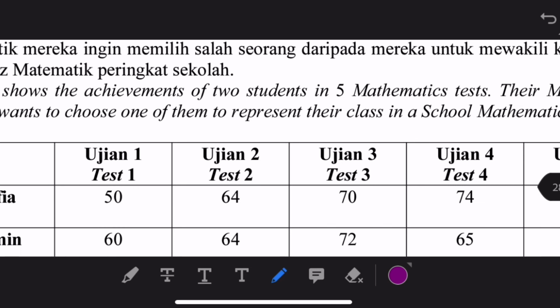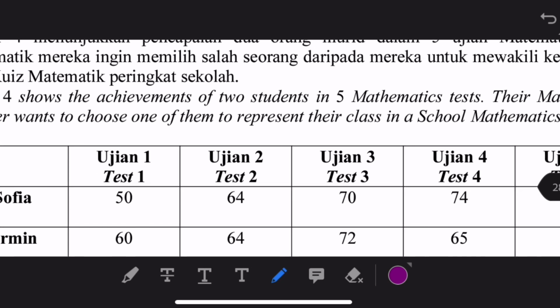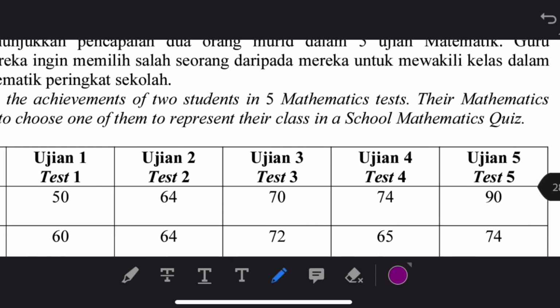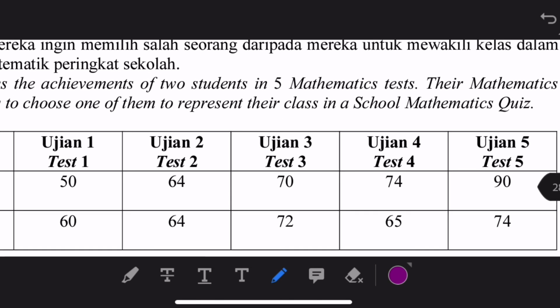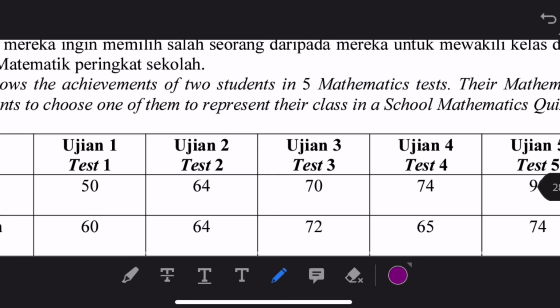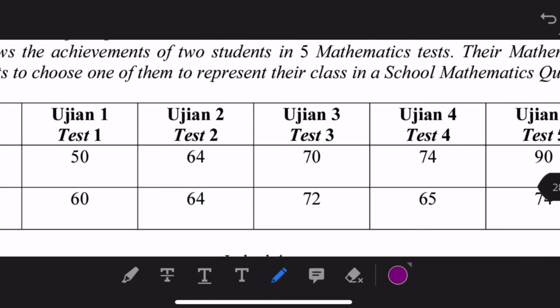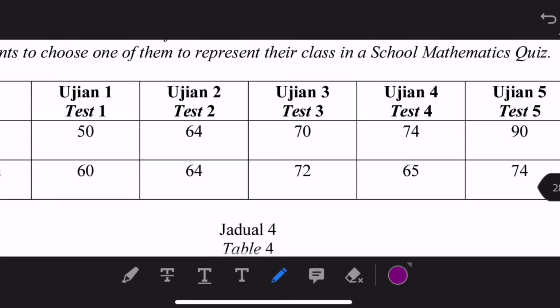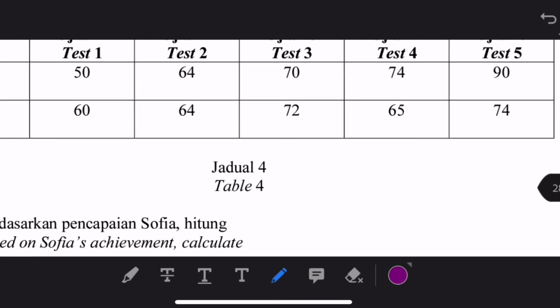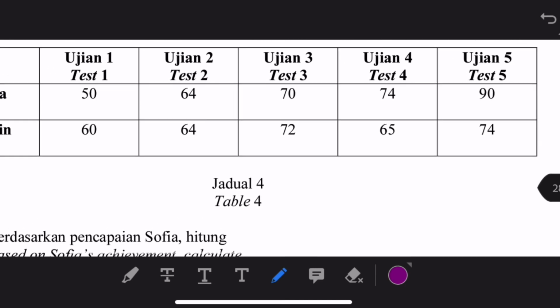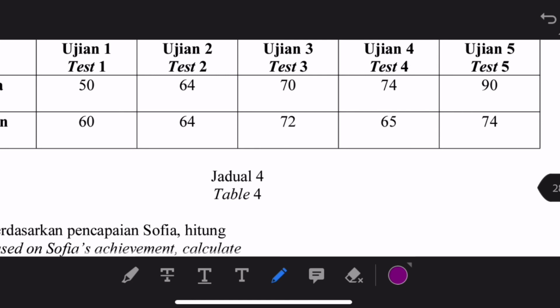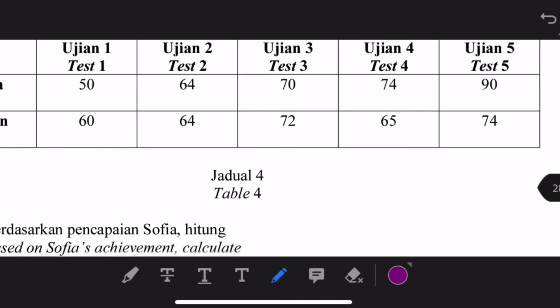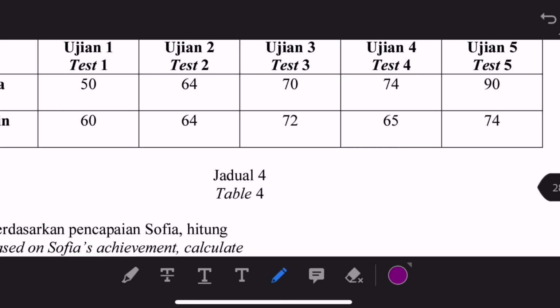We want to show the achievements of 2 students in 5 mathematics tests, and the teacher wants to choose one of them to represent their class in a school mathematics quiz. So we have all the marks for Sophia and Armin: 50, 64, 70, 74, 90. And for Armin, we have 60, 64, 72, 65, and 74.